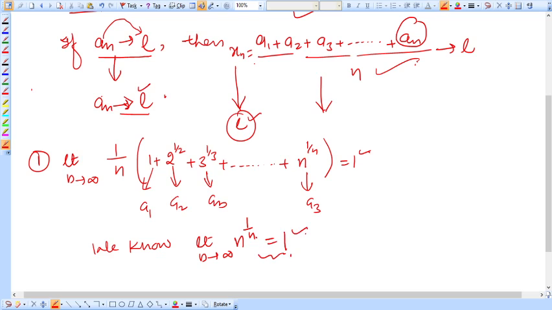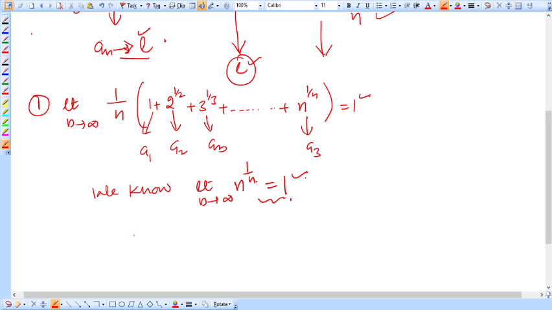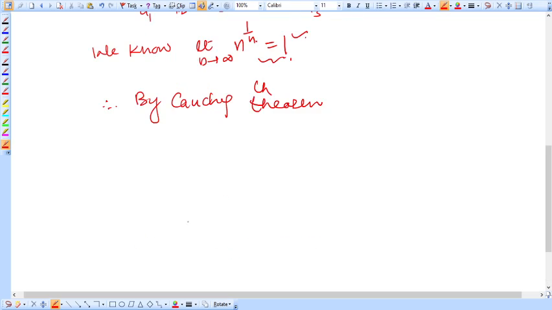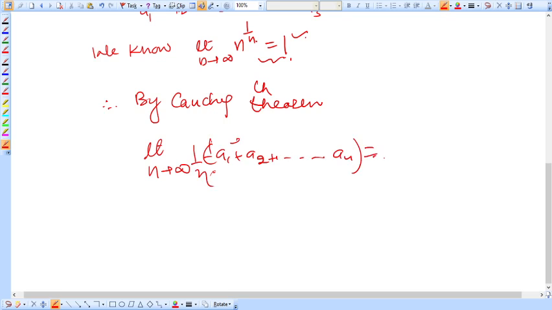Therefore, by Cauchy's first theorem on limit, limit n tending to infinity of 1 by n times (a1 plus a2 up to so on an) is equal to 1.